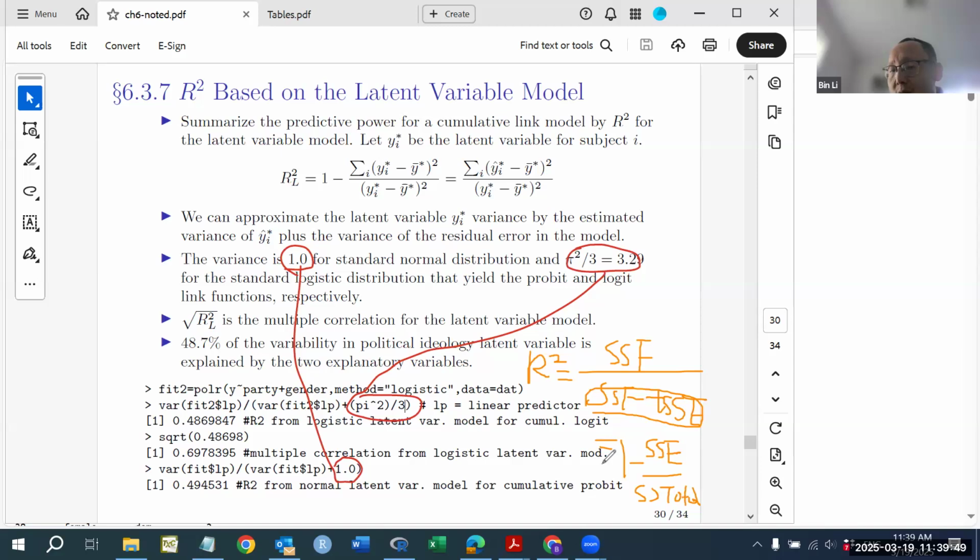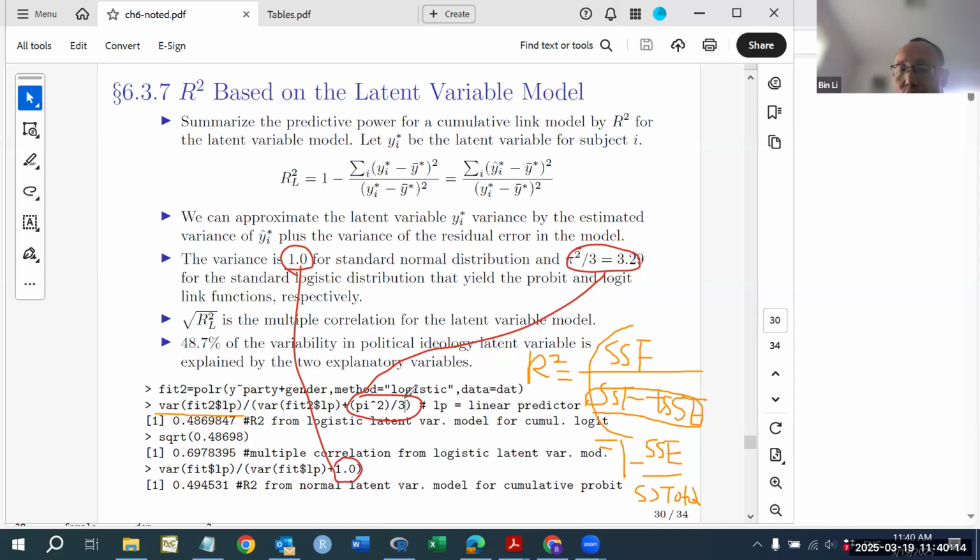But what is SS total? That's the SS for the fitted plus the SS for the error. And instead of 1 minus that, you can also use the SS fit over that, right? So here, that's the variance of the linear predictor over the variance of the linear predictor plus the error. How do we get the error?